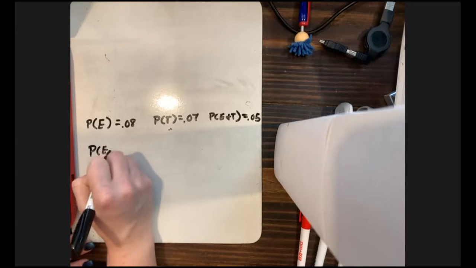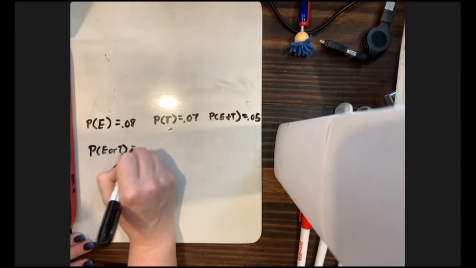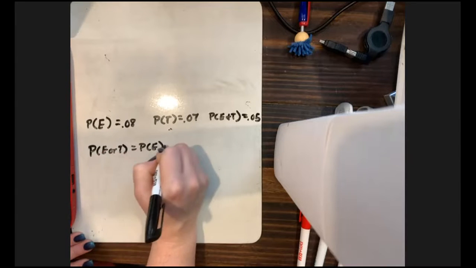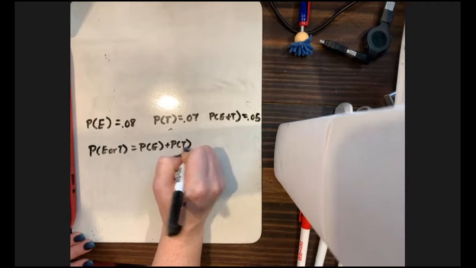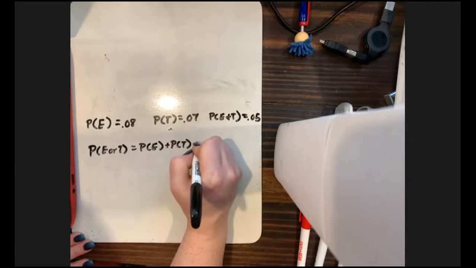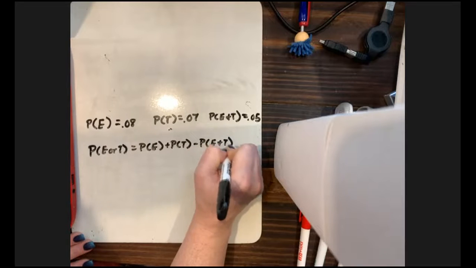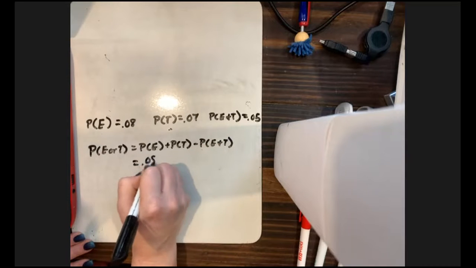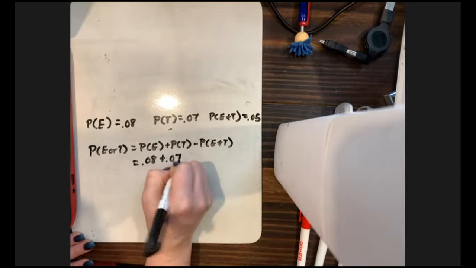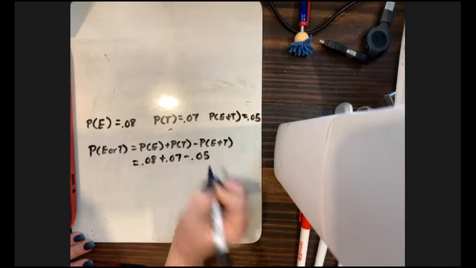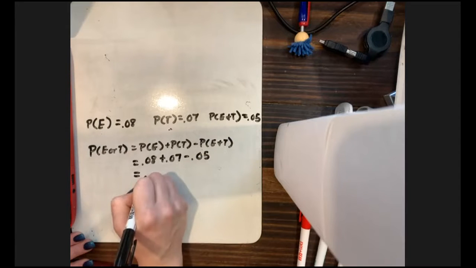So this is going back to our previous stuff. Pulling that definition, or is the probability of the first thing plus the probability of the second minus the probability of both. So we've got 0.08 plus 0.07 minus 0.05. That is 0.10.